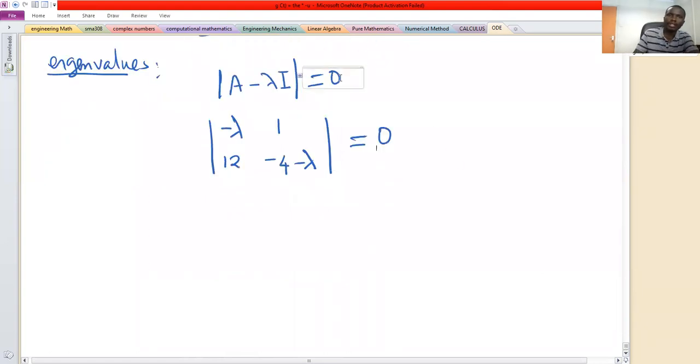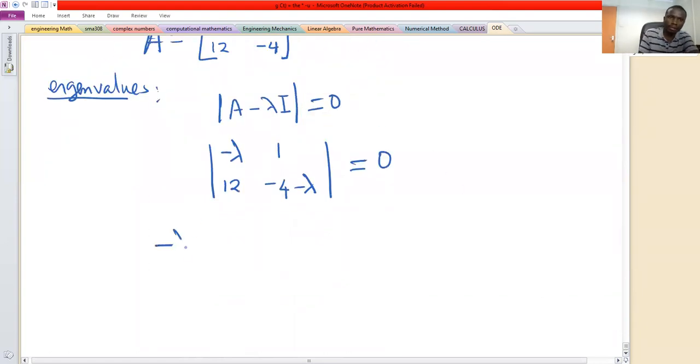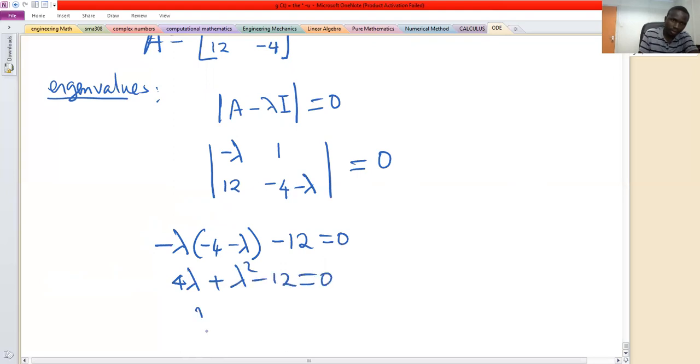So this 2 by 2 determinant will be minus lambda into minus 4 minus lambda, minus 12, equals 0. So 4 lambda plus lambda squared minus 12 equals 0. So lambda squared plus 4 lambda minus 12 equals 0.